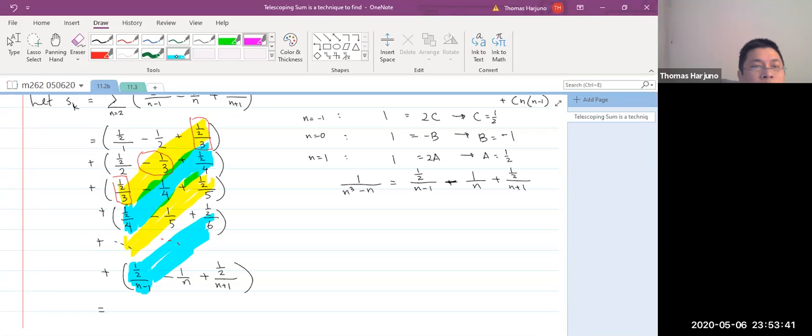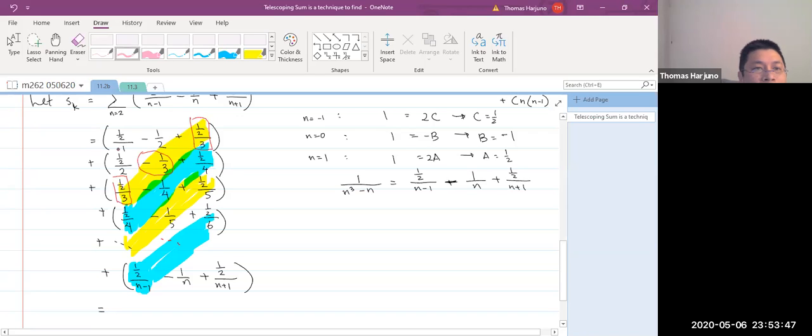So the first couple terms that do not cancel are these 3, and the last couple terms not canceled are the ones we have here, including 1 term up here.